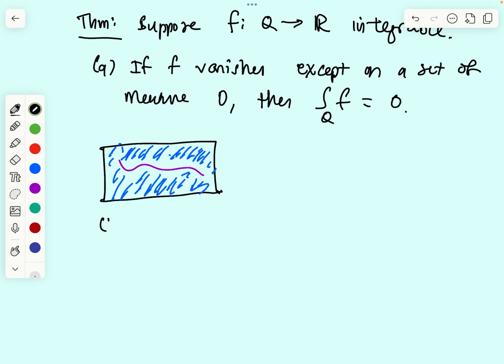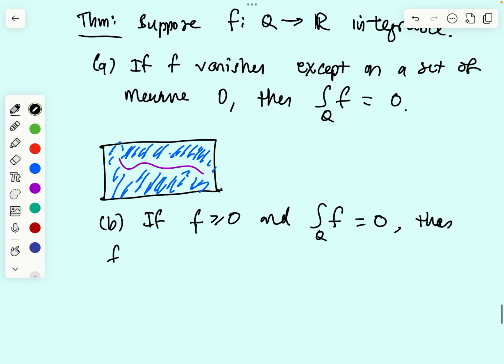Assuming that f is integrable in the first place. Then part B is, if f is non-negative, so f greater than or equal to 0, and the integral of f over Q is 0, then f vanishes except on a set of measure 0.